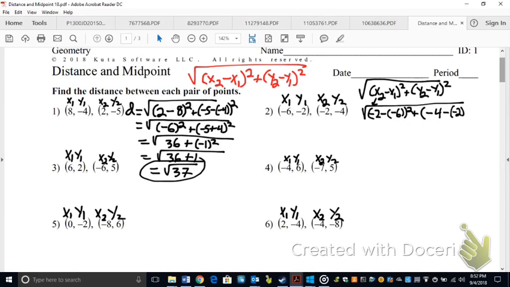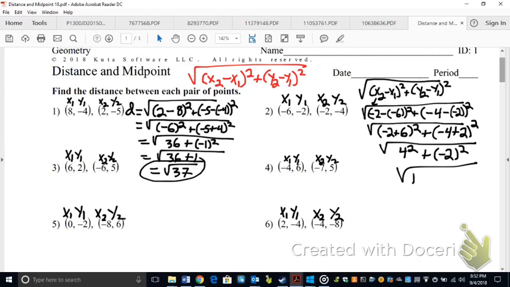Wow, it was a really wrong button. Plus negative 4 plus 2 squared. 6 minus 2 is 4 squared. Negative 4 plus 2 is negative 2 squared. That gives me 16 plus 4, or the square root of 20.